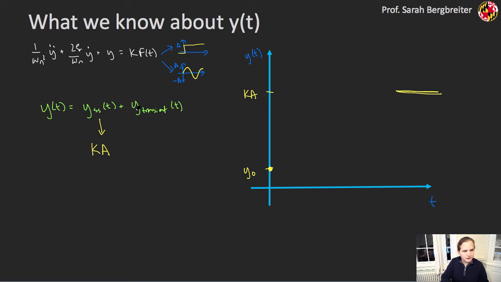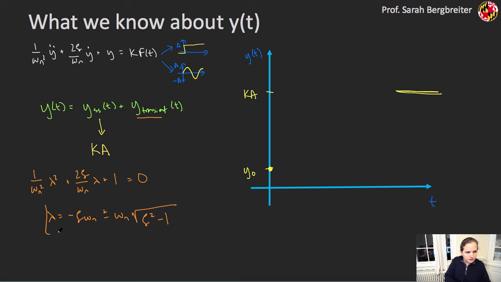So for the transient part of this response, I'm going to want to look at the roots of this characteristic equation. So I could rewrite this as a characteristic equation like this. And the roots of that characteristic equation are going to be based on that damping ratio and natural frequency, where lambda, so I have two roots to this characteristic equation, which makes sense, it's a second order system.